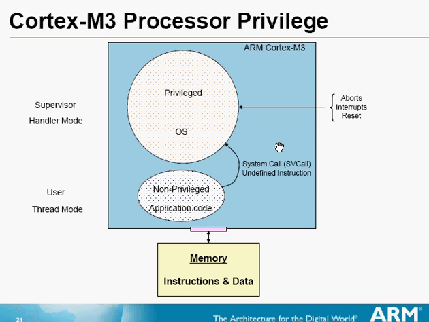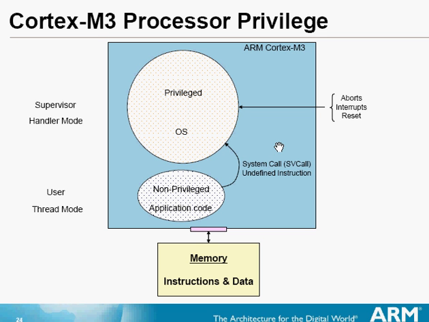Further, the M3 supports two-level access for code, privileged and unprivileged. The two-level access for code enables the implementation of a complex operating system without sacrificing security of the applications.